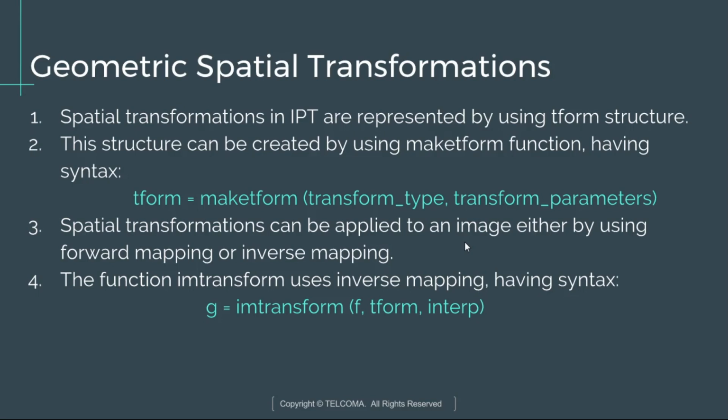Additional arguments depend on the transform type. Spatial transformations can be applied to an image either by using forward mapping or inverse mapping. The function imtransform uses inverse mapping, which has the syntax g = imtransform(f, tform, interp).